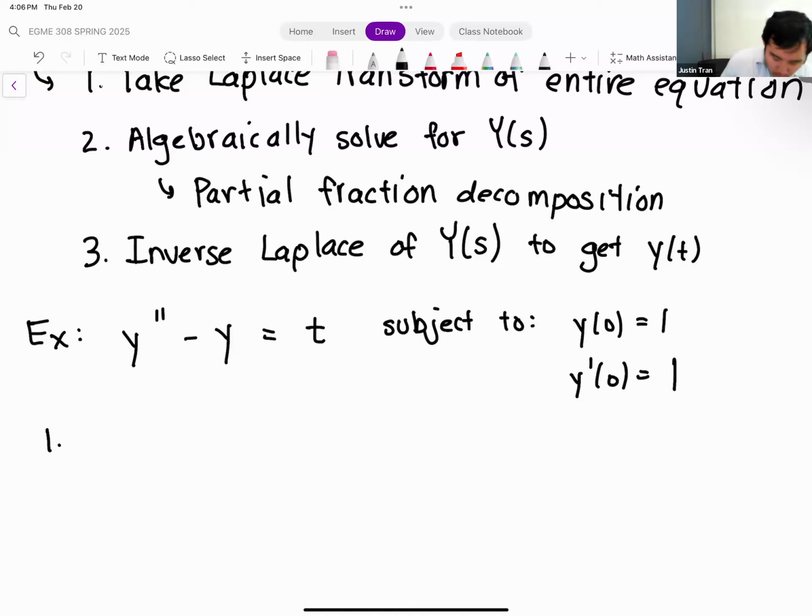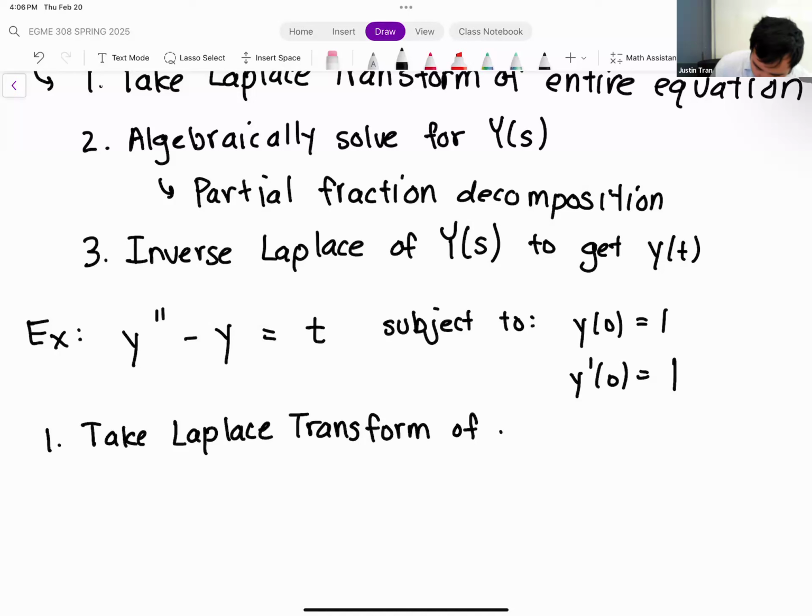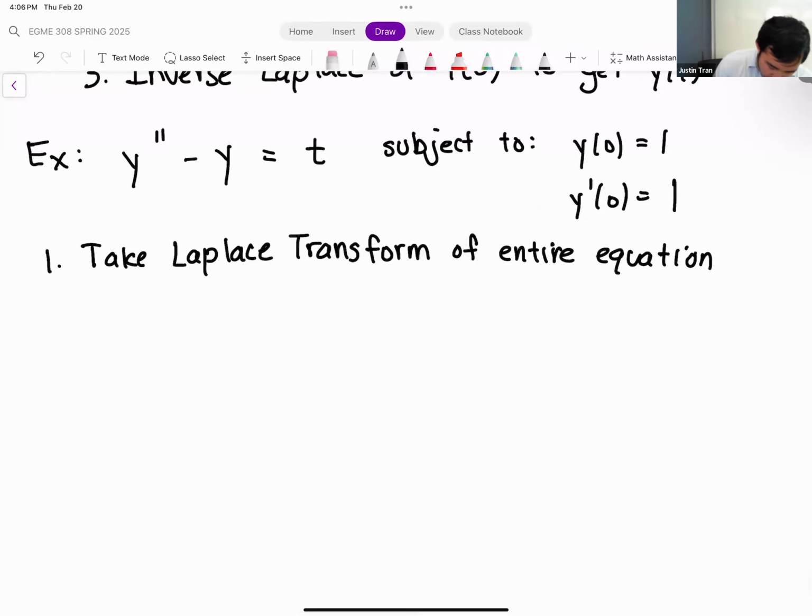All right, so let's follow our three-step procedure that we've outlined above. So first, let's take the Laplace transform of this entire equation. And so we're going to take the Laplace transform of each individual term.